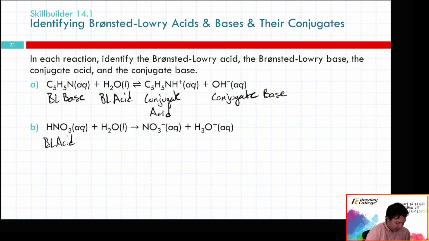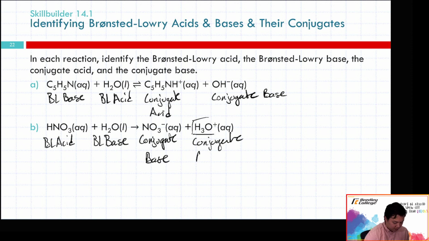Which makes water here the Bronsted-Lowry base. Again, it's amphoteric. And then nitrate would be our conjugate base, and this is hydronium, which would be our conjugate acid.